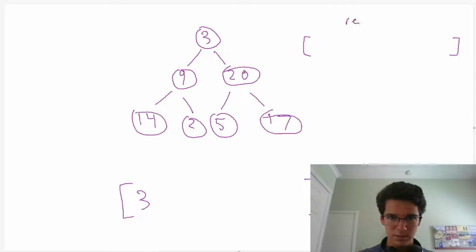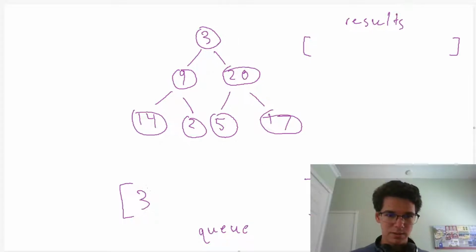Say this is results, and this is just Q right here. We start by adding the root to the queue, and then for everything that's currently in the queue, we're going to grab that node.